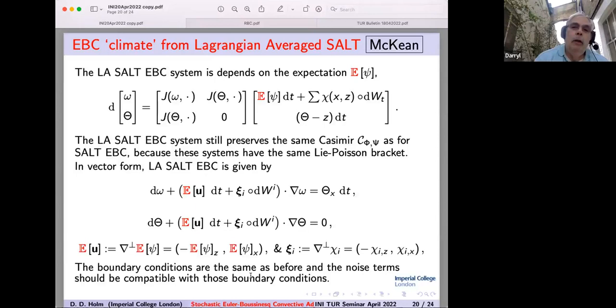Okay, now for this we take an idea from McKean, and we split in the LA-SALT EBC system. We keep the same Poisson bracket again, the one that we had for SALT, and that's also the deterministic Poisson bracket. That's the Poisson operator. And then we do what McKean said.